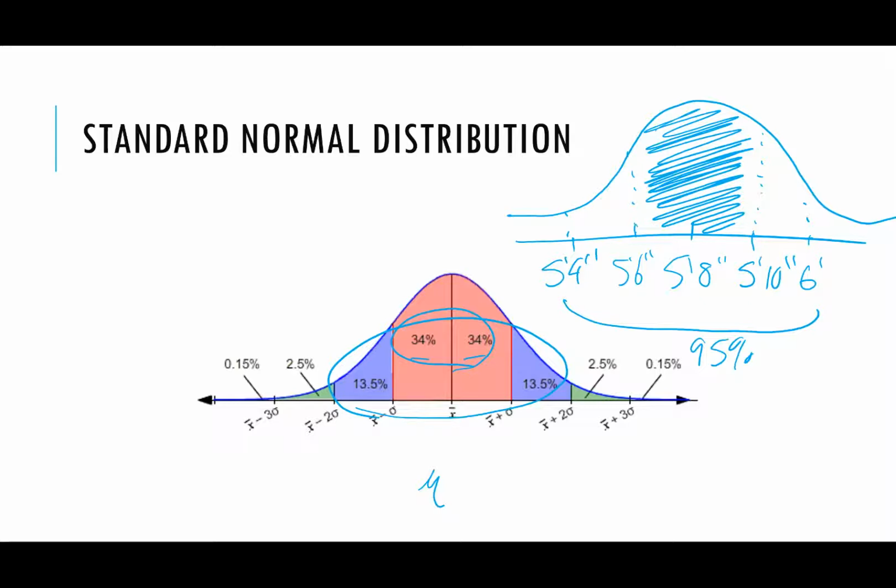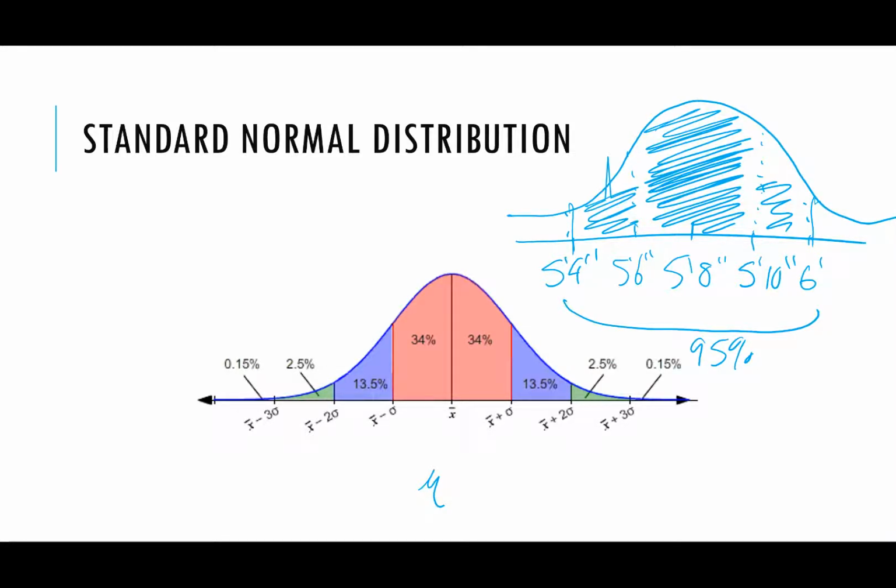So if our standard deviation is 2 inches, then 2 standard deviations out, ranging from 5'4" to 6 feet tall, that's 95% of our population, because it's a normal distribution. Normal distributions always have this consistency, this reliability. Remember, these percentages are all based on the standard deviation, and we'll get to that.